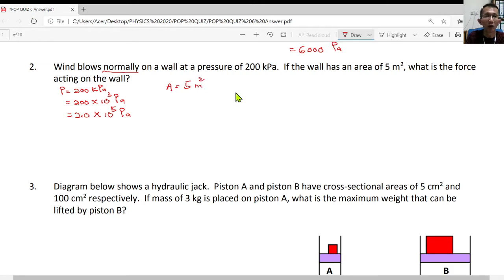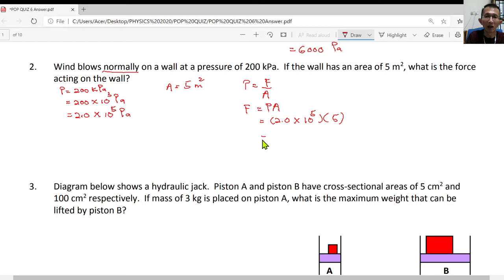So we want to find the force, right? I do know that pressure equals force over area. Therefore, force equals pressure multiplied by area. Substitute the value of pressure, 2 times 10 to the power of 5, and then the area is 5.